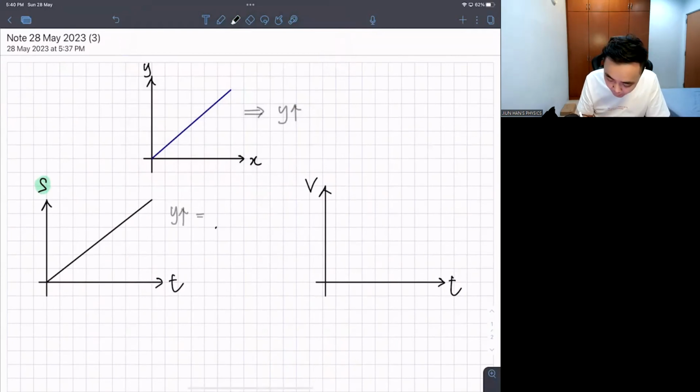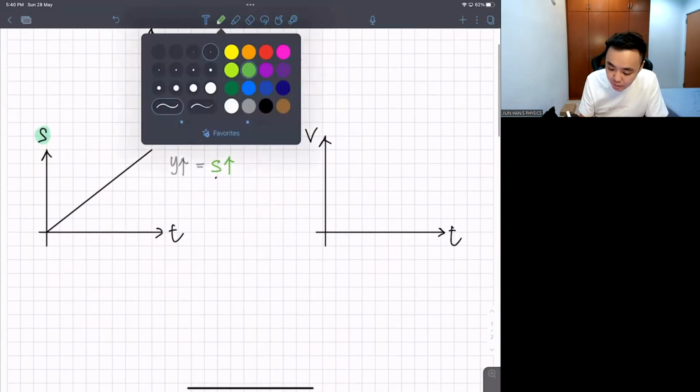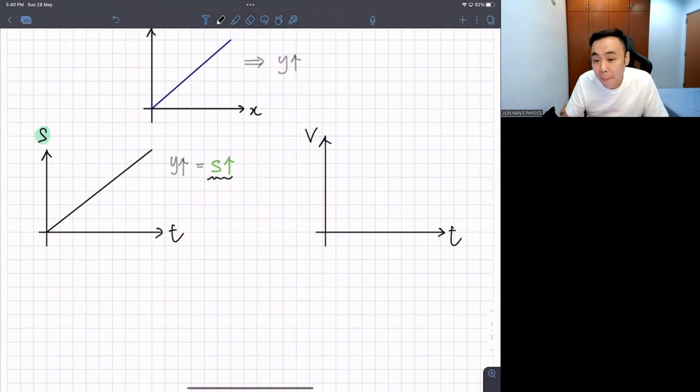When the y goes up, simple, you look at the y-axis. What does it say here? S, displacement. So they tell you one thing only. S goes up. What does S stand for? Displacement.